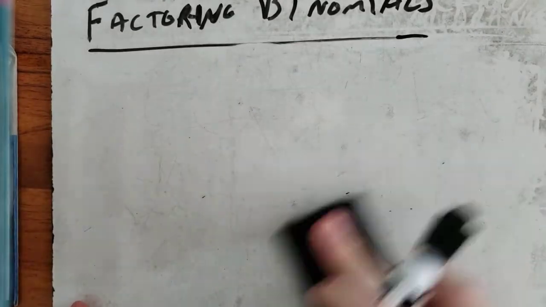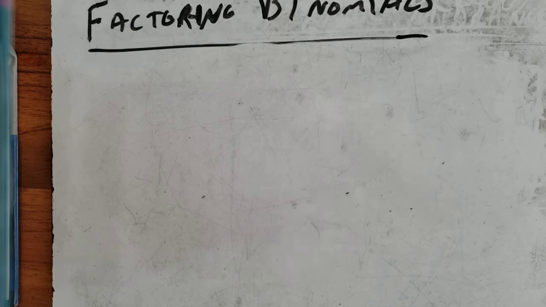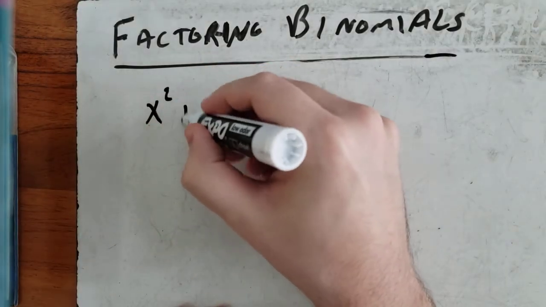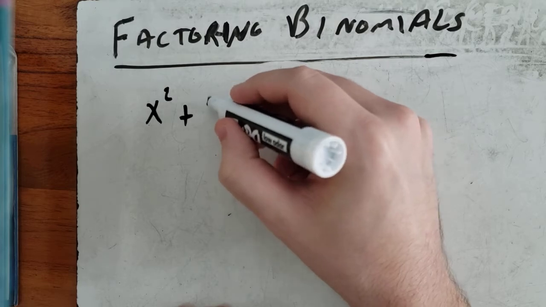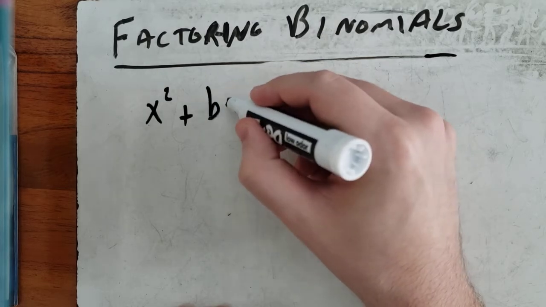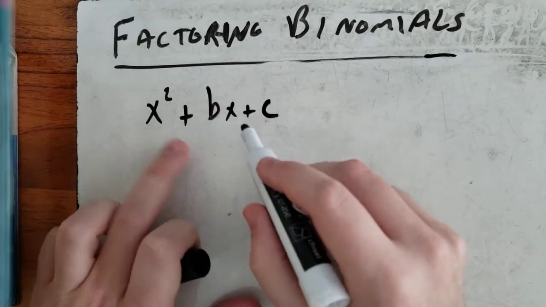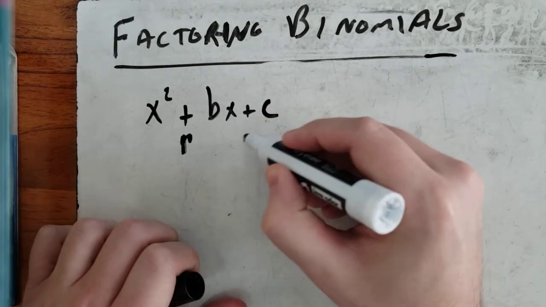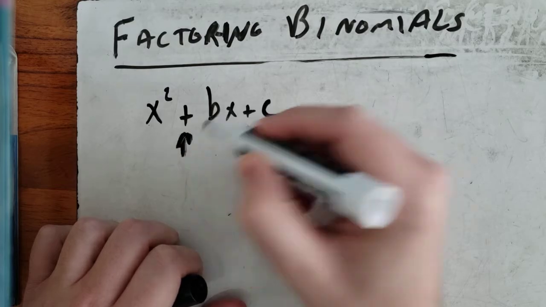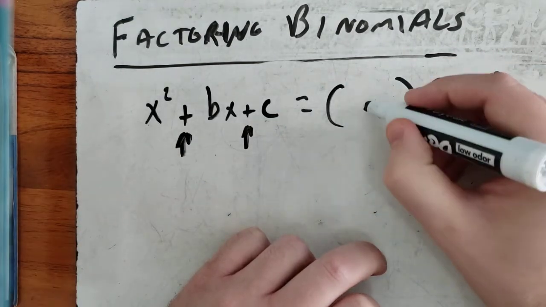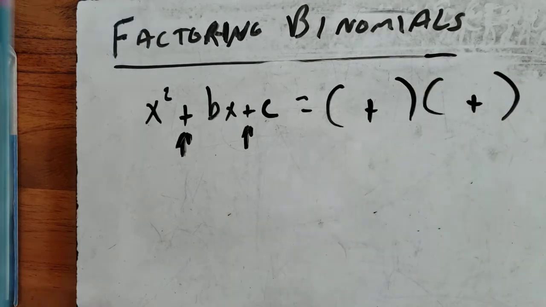Okay. For example, if I have x squared plus bx plus c. Okay, if I know that I have two positives here, that means my answer is going to be a positive and a positive.